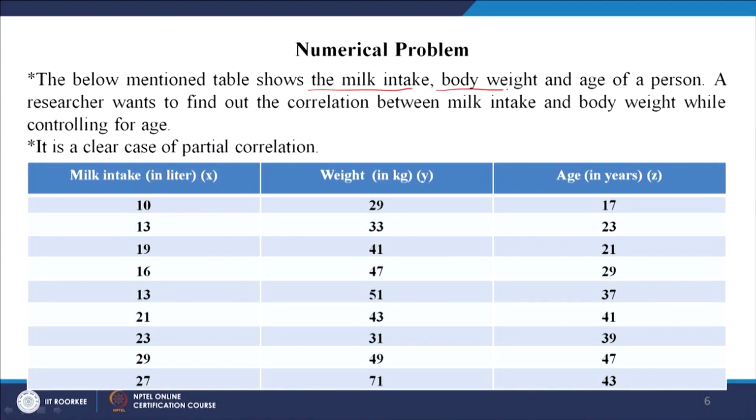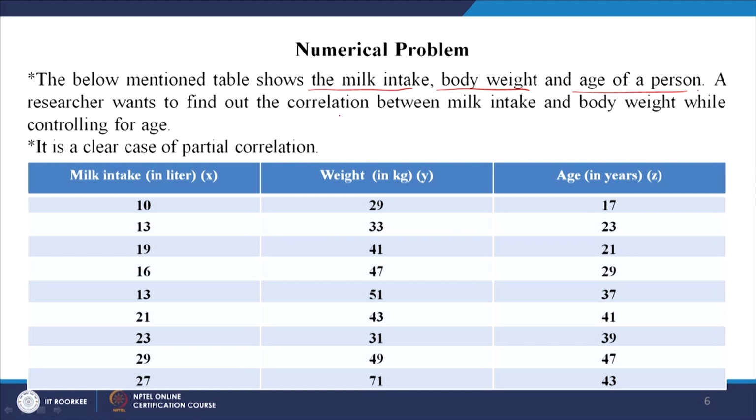Let us go to a numerical problem. It says that milk intake has an effect on body weight, but the age of a person also has an effect on body weight. So a researcher wants to see the relationship between intake of milk, body weight and the age of a person.